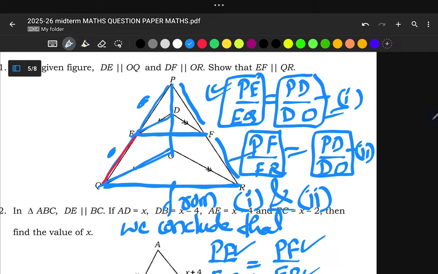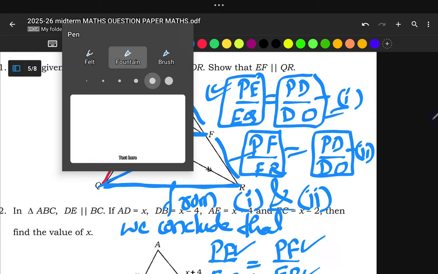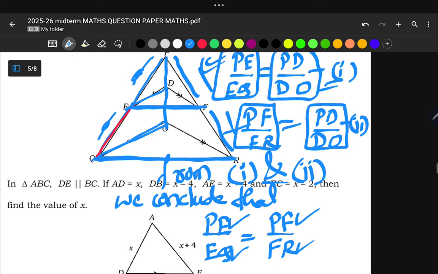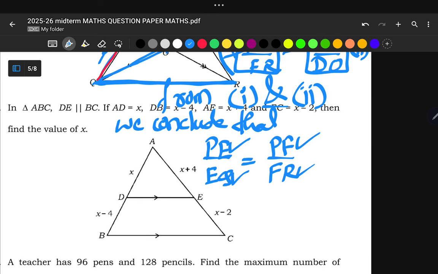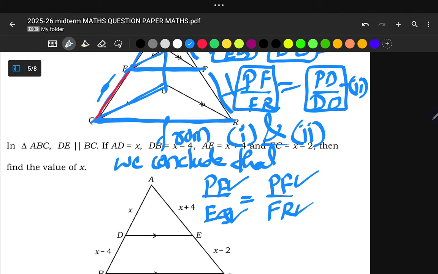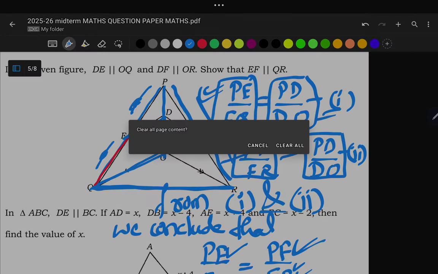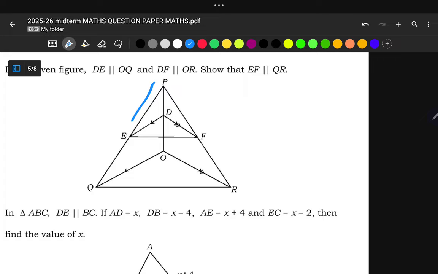And the converse of Thales theorem says that if the sides of two triangles are in proportion, then the third side is parallel to the side of the other triangle. Now PE upon EQ equal to PF upon FR, we are getting the result here. It means the two sides are in proportion, so the third side is parallel to the side of the other triangle.